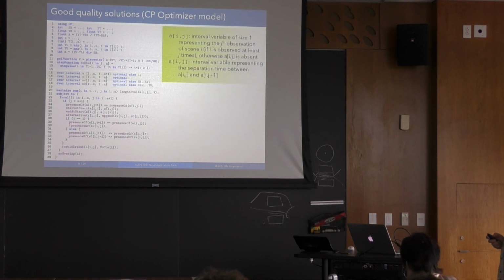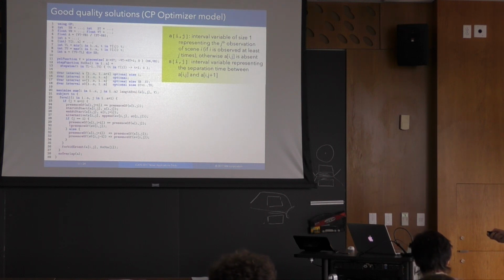Okay, so now if you look at the decision variables in this model, first we have two types of interval variables. One for the observation, this AEG. It's an interval of size 1, and it represents the observation number G of scene E if E is observed at least G times. Okay, and this is an optional interval because you don't know how many observations you will have on the scene.